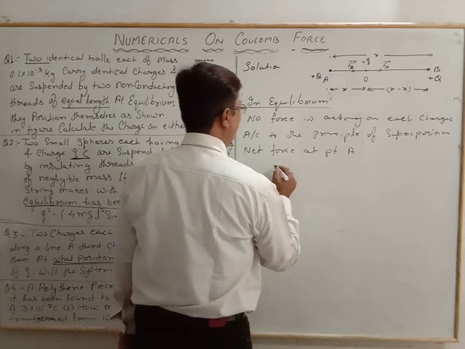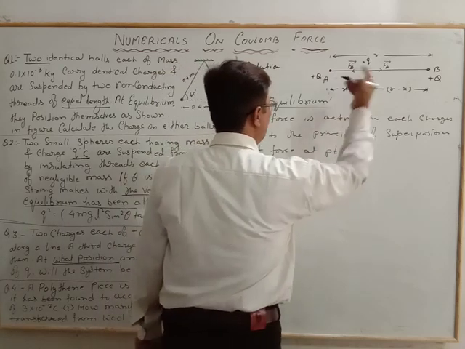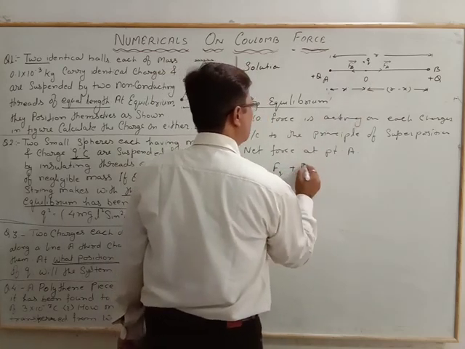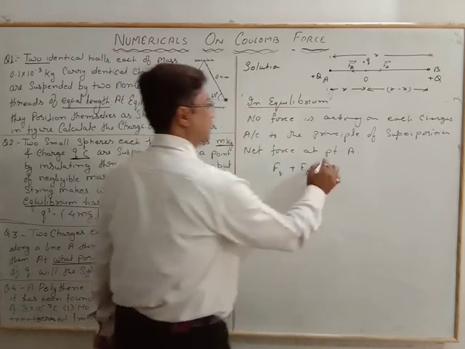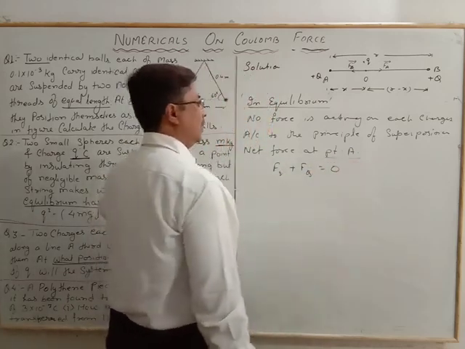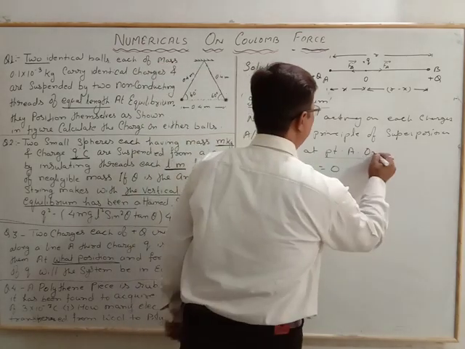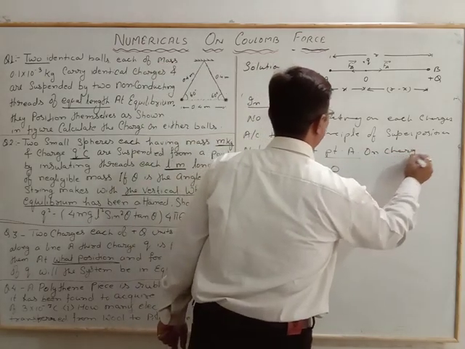So the force due to the small q charge plus the force due to the capital Q charge is equal to 0 at point A, on the charge plus Q.